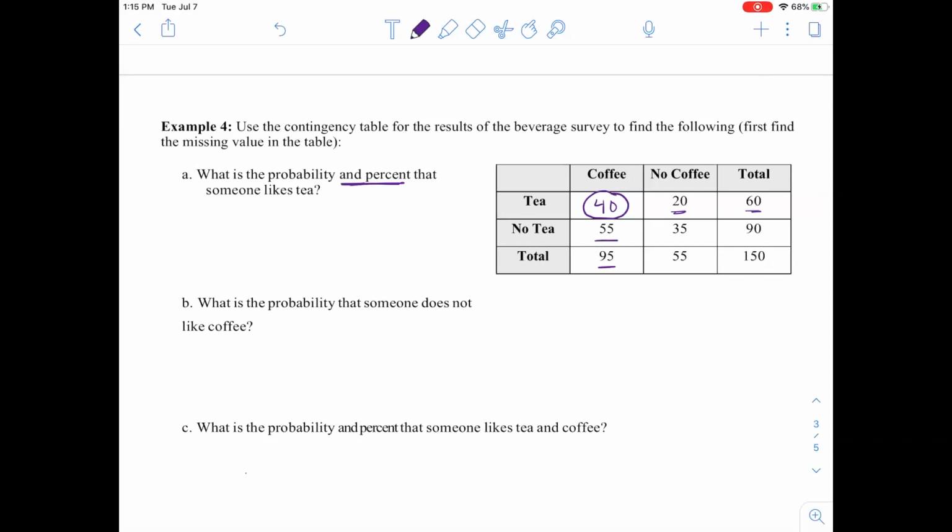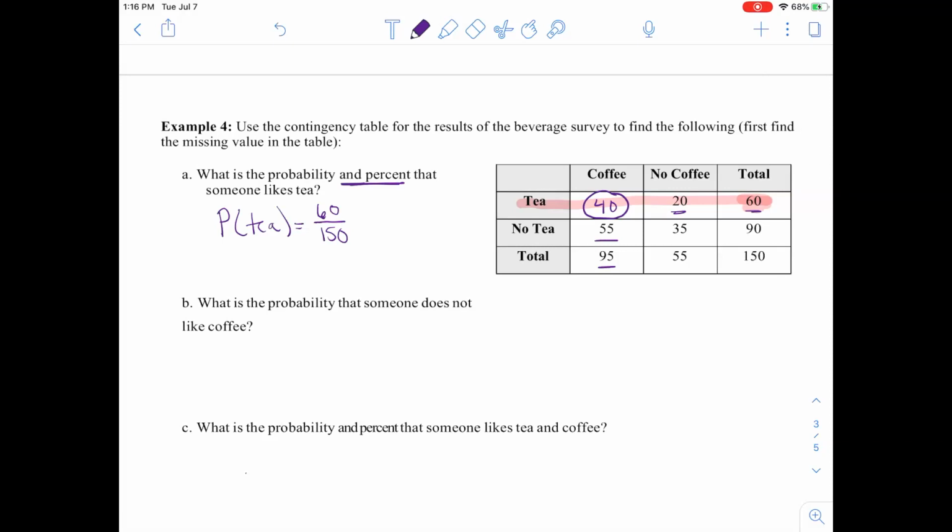It says, what is the probability and percent that someone likes tea? So I'm going to look in my tea row, and it looks like the total amount of people that like tea are 60. Again, I'm using notation, probability, and maybe I can say tea, or I say likes tea. However much information you want to give is up to you. Well, it's going to be 60, and remember, it's out of the grand total. So that is it as a probability, like saying it as a fraction.